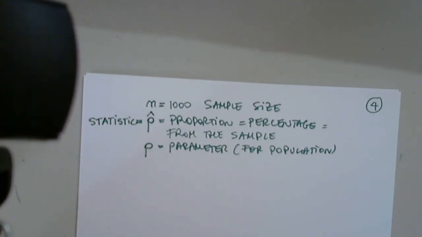The 1,000, lowercase n, 1,000 adults, that's the sample. And from the 1,000 adults, 50% of them said yes, 50% of them said no. So it cannot be B. Would it be A? It is A.